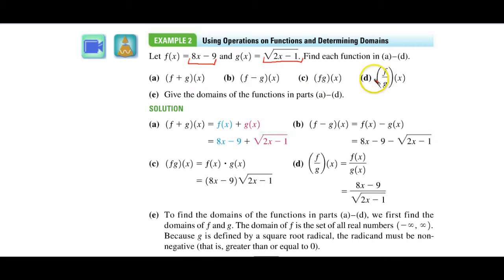And they also are asking you to define the domain. So we could just look at this here and check it out.